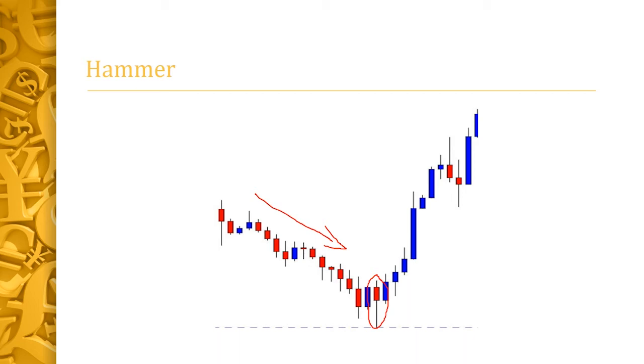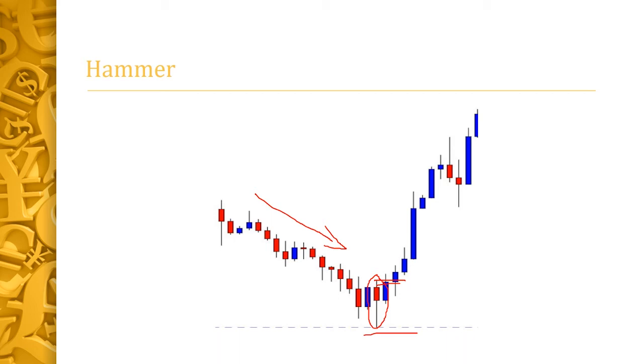So what you can do after you get this hammer at this important level, you enter the market at the next candle that opens, or many traders used to wait for the market to trade above the hammer 2 to 3 pips, and then enter the market maybe somewhere here, and they put the stop loss down below the wick of this hammer, because this wick now should act as support.